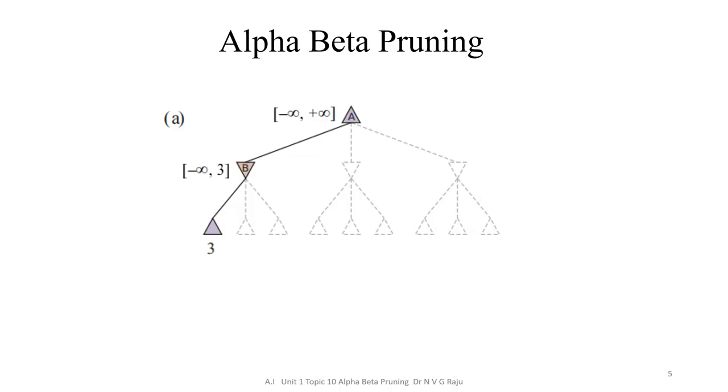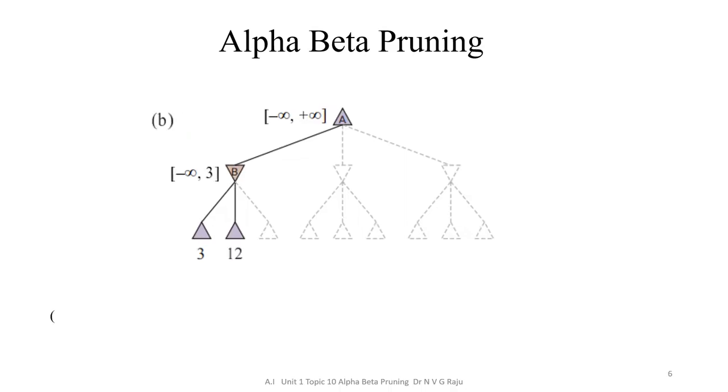Then at level 2, max's turn will come. We have already reached the terminal nodes. Now the first leaf below B has the value 3, hence B, which is a min node, has a value of at most 3. That means either 3 or less than 3.